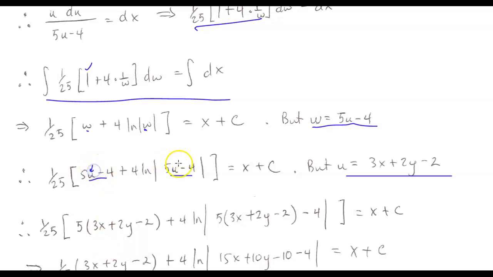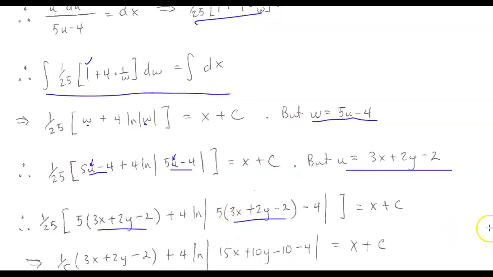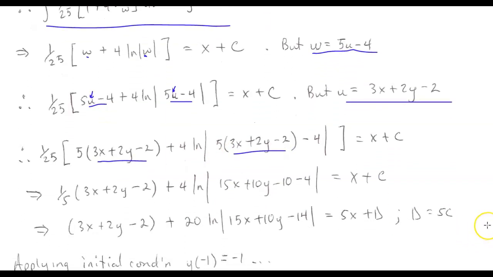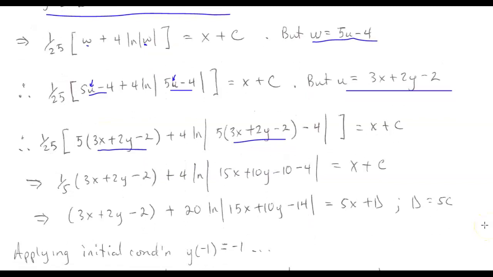So everywhere where we had u, we replace it now with 3x plus 2y minus 2. Okay. And then of course from here is just a whole lot of algebraic manipulation to get it into a form that'll be easiest for us to deal with. And the general solution to this ODE will be at this line here that I've starred. And that's probably the easiest we're going to be able to get that to look.